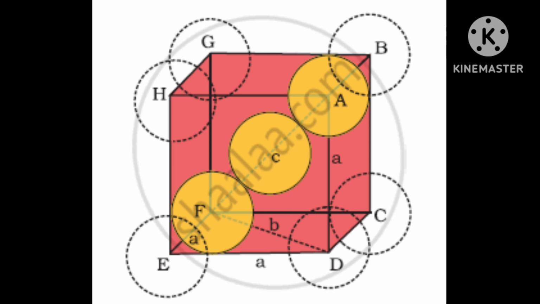That h value is the base b you wanted to calculate, the base diagonal. Its value is under root 2 a.